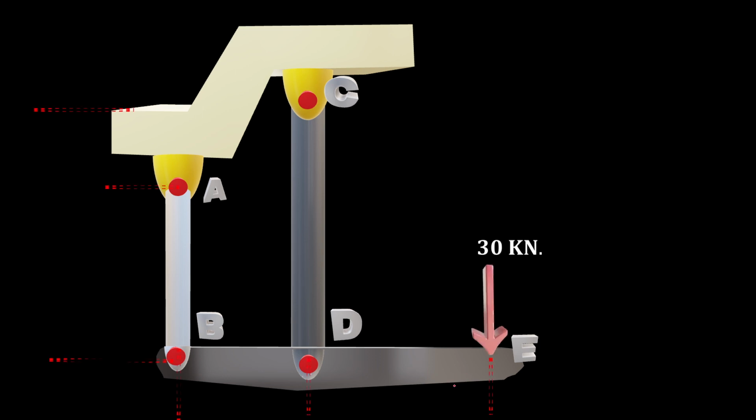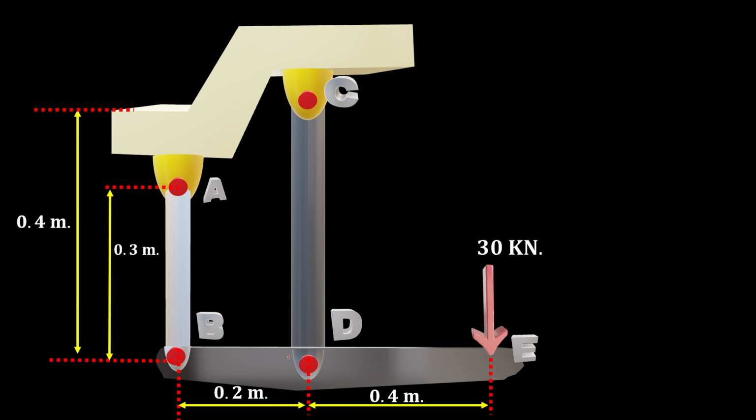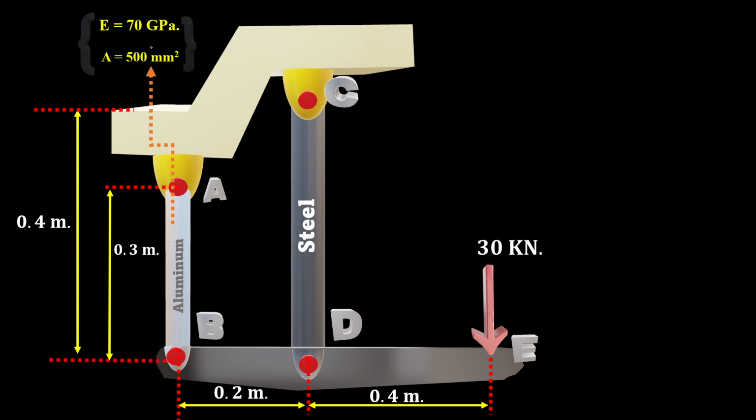So again, a rigid bar BDE is connected with two rods to the ceiling, one of them is aluminum and the other one is a steel. The aluminum rod is provided with the cross-sectional area of 500 millimeters squared and modulus of elasticity of 70 gigapascal.